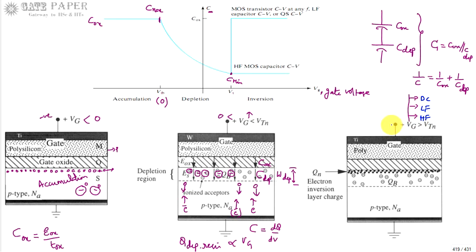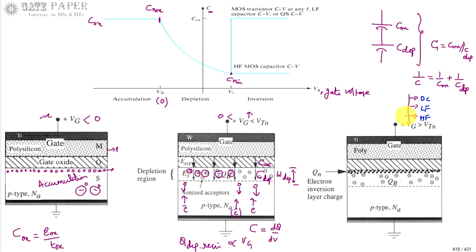For DC voltage, that is whenever you are applying a constant voltage, definitely the inversion layer gets changed. You are applying it for a sufficient amount of time, and according to that voltage the inversion layer changes. So the inversion layer is a function of gate voltage if the gate voltage is DC, or if the gate voltage is low frequency also.